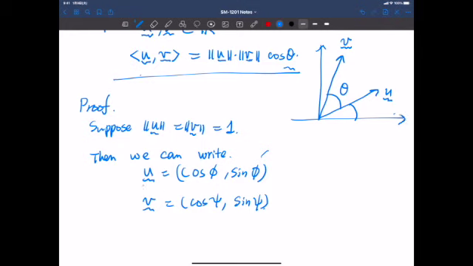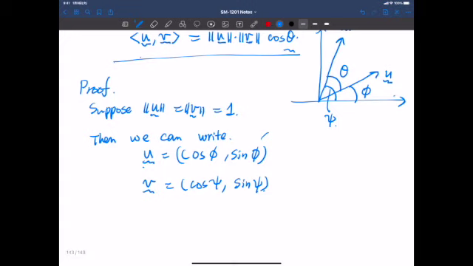So in this case, u has angle phi, and v has angle psi. This is possible because u and v are unit vectors. As we have learned in complex numbers, we can express any point on a unit circle in two dimensions as cosine and sine.